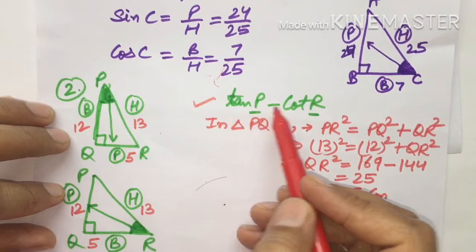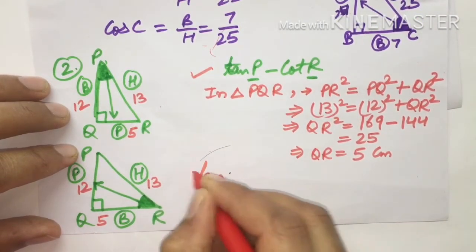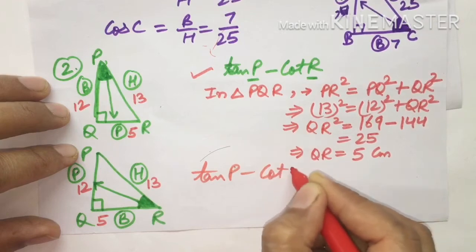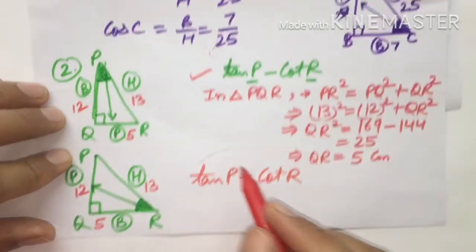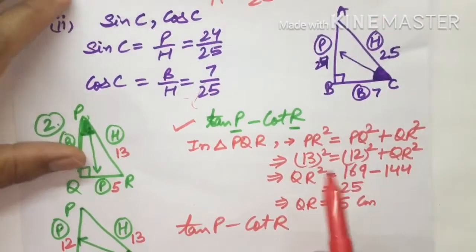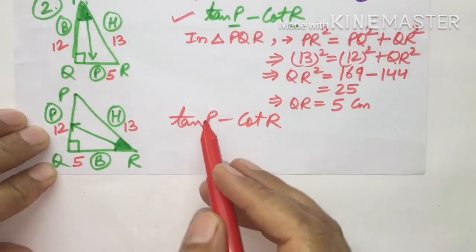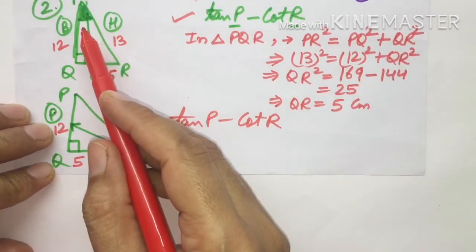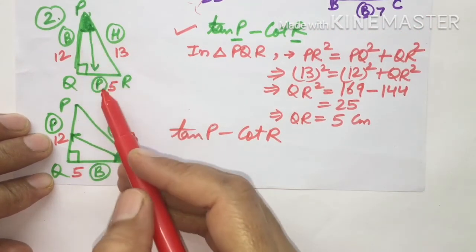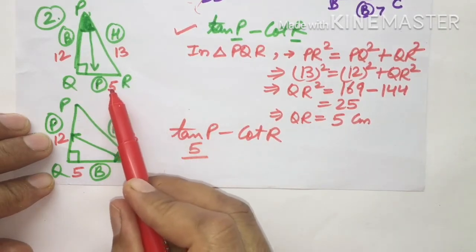They are asking tan P minus cot R. So tan P, tangent is perpendicular upon base. So perpendicular, when we are talking about the reference angle P, what is perpendicular? Perpendicular is 5 upon base.